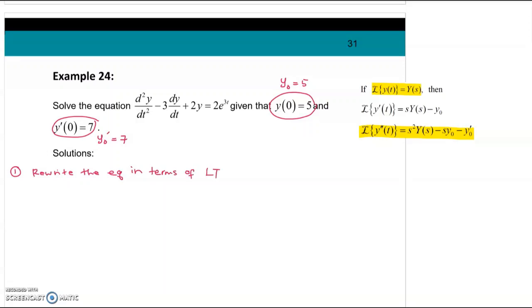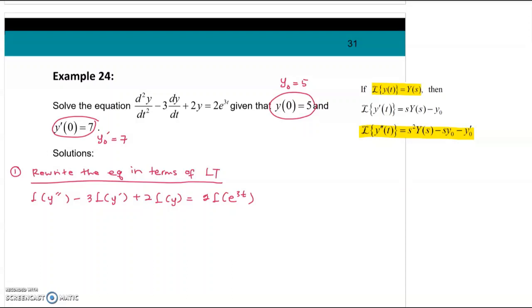So it means we have the Laplace of y double prime minus 3 Laplace of y prime plus 2 times the Laplace of y equals 2 Laplace of exponent 3t. That is your first step.